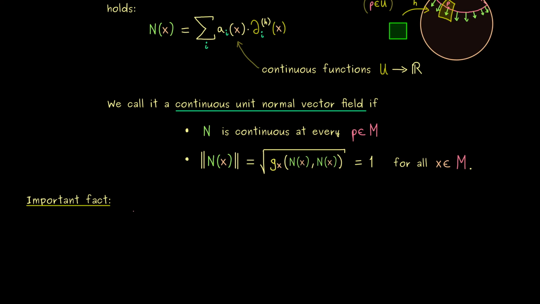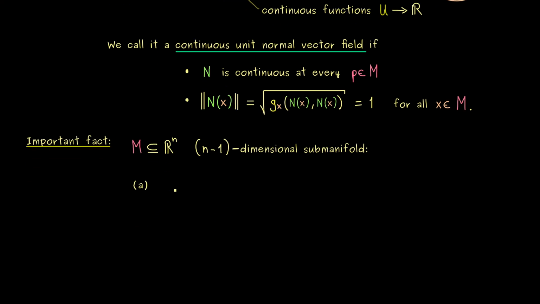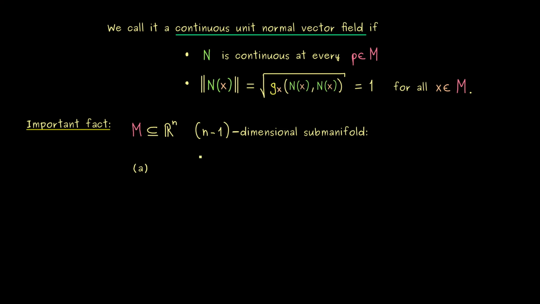Therefore, now I want to tell you this important fact we have for submanifolds. More precisely, we want to consider submanifolds of codimension 1. This means they should be embedded in R^n and they should be of dimension n-1. And please never forget, this is a Riemannian manifold because R^n just carries the standard metric. Okay, so now the typical example you can have in mind here would be the two-dimensional sphere in R^3.